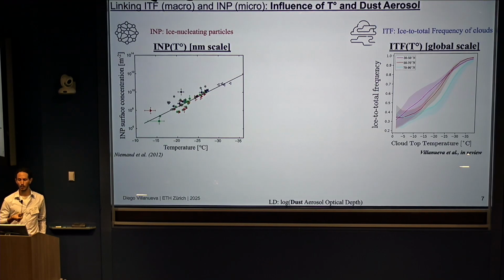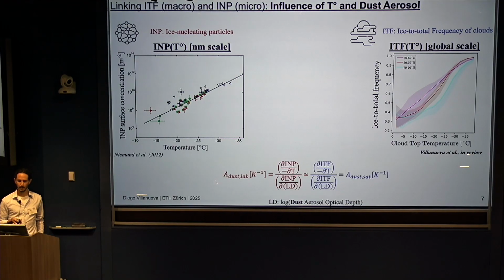And when you look at satellites, you can look at different times where you know there are different concentrations of dust. And what we find is there's a really direct way to compare both worlds, from the laboratory and from satellite. So we know that we have a pretty similar sensitivity to temperature and to different concentrations of dust in both the laboratory and the satellite.